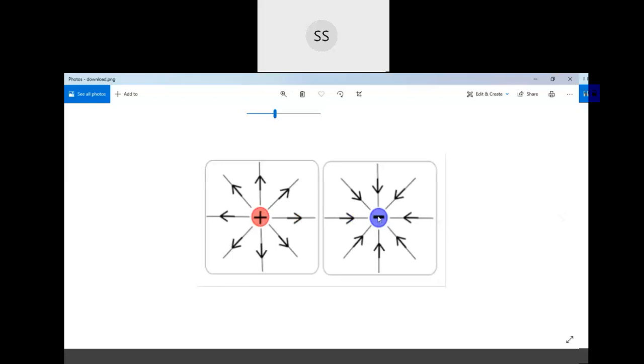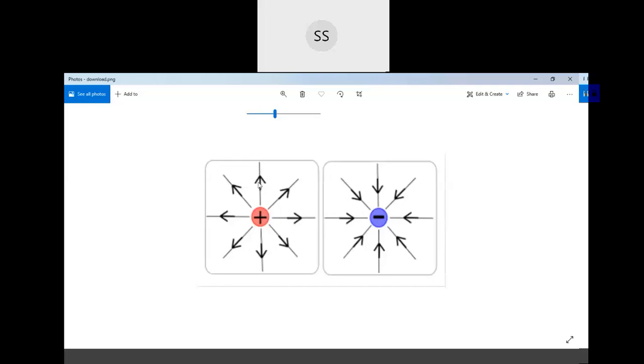These are called source charges, since we are calculating or testing the electric field of these charges. Then we will take a unit positive charge. Unit positive charge means that the magnitude of that positive charge is 1, and we will test the electric field of these source charges.